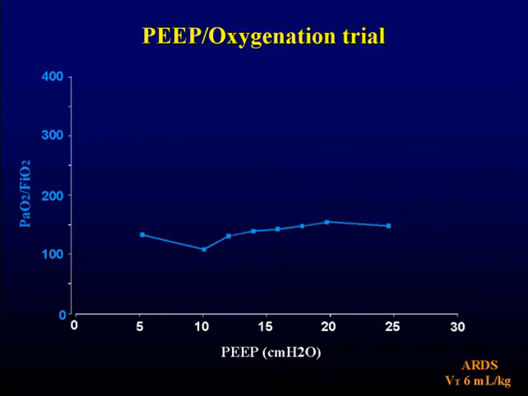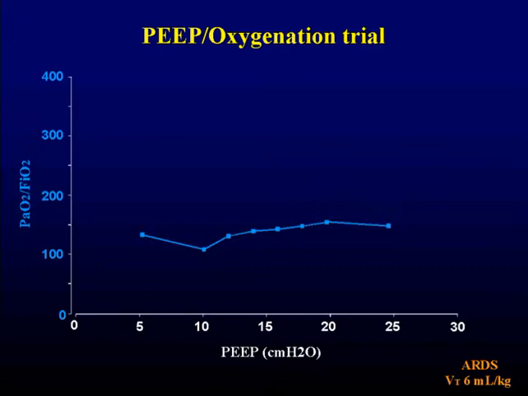Then we further challenged the lung. We thought maybe if we increase PEEP a little bit more to 25, we're able to gain some tissue for gas exchange, and our oxygenation will improve. What happened with increasing to 25? Nothing happened with oxygenation. We almost stayed at the same level.